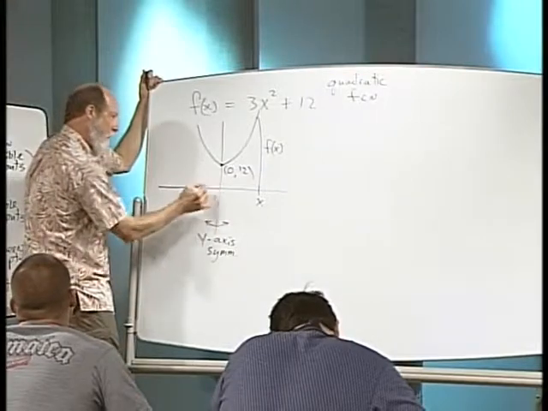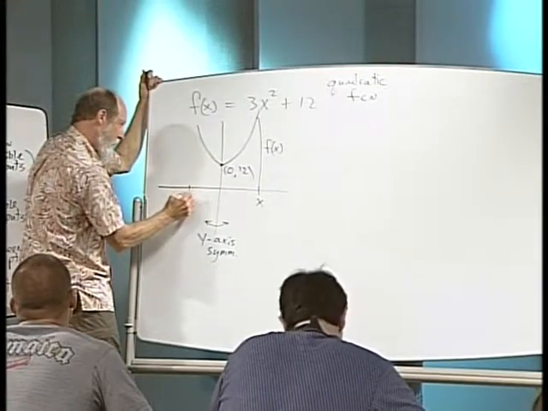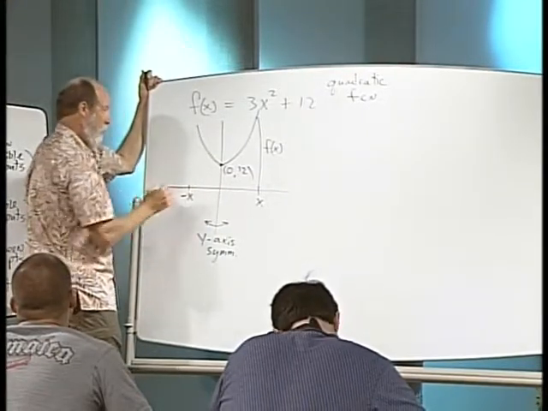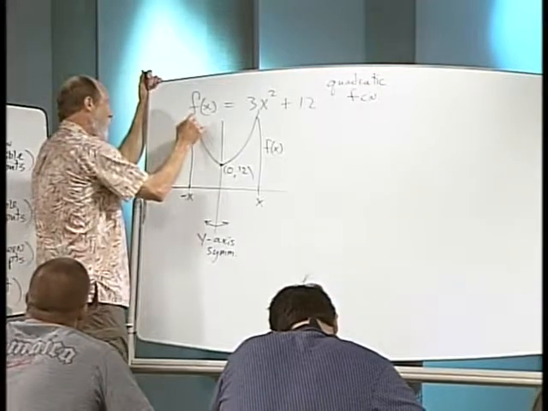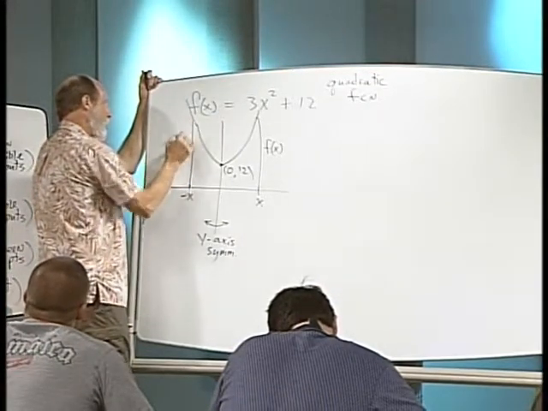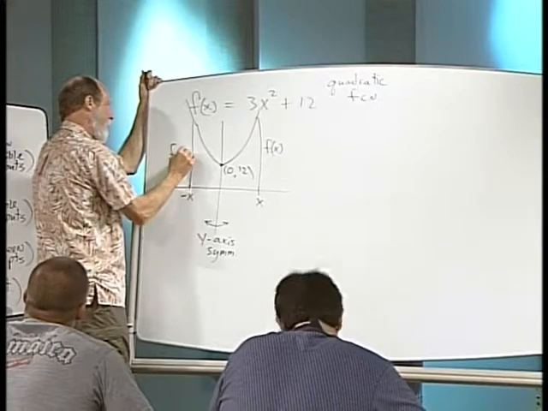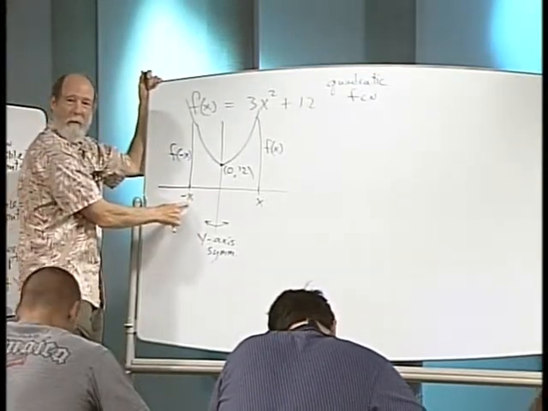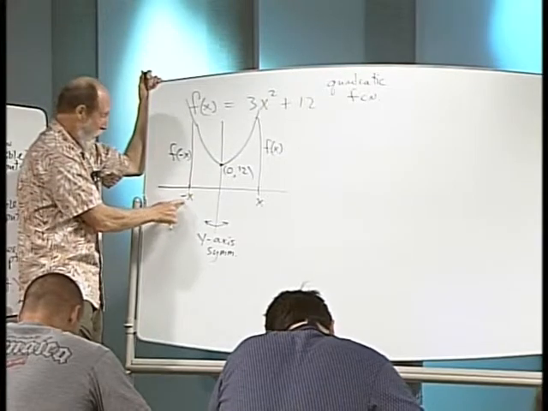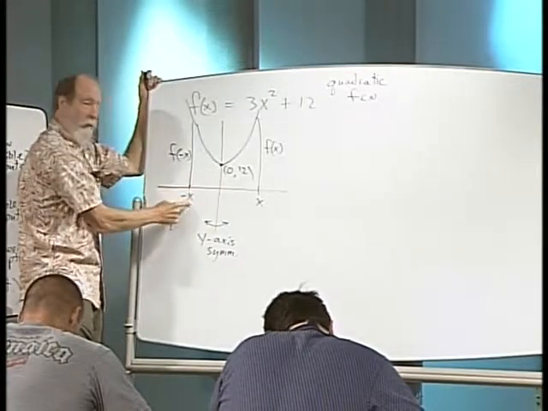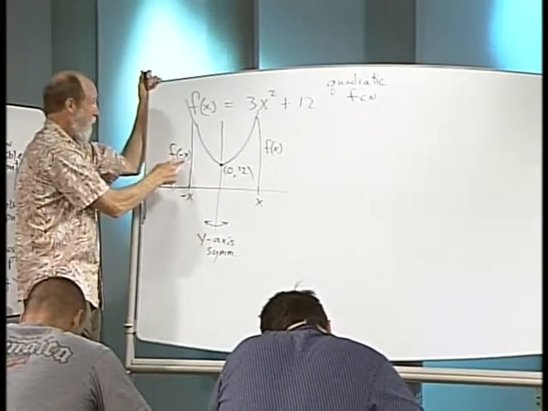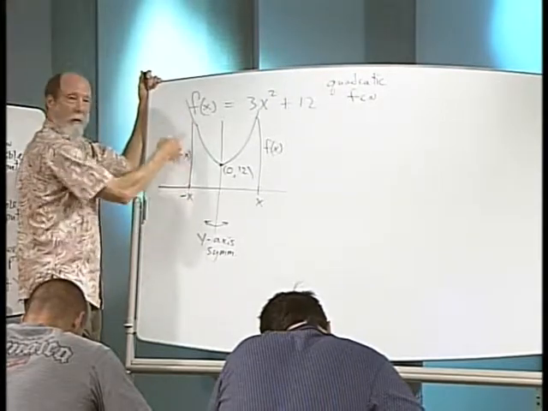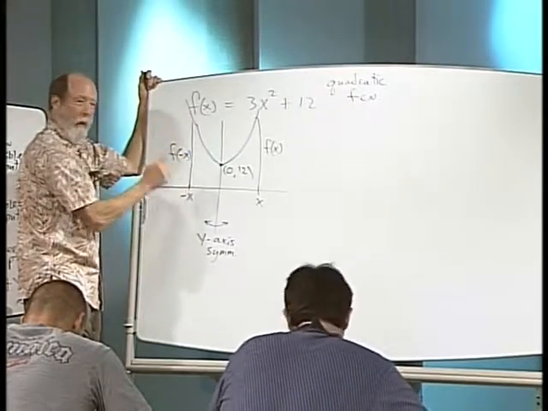If I go symmetrically over to negative x, how tall is it over here? Isn't it f of negative x tall? This is my input, the opposite of my x I originally chose. And so that's my input, so it's f of negative x tall. Okay.